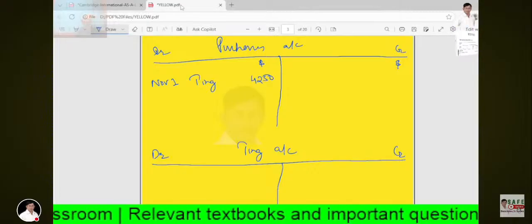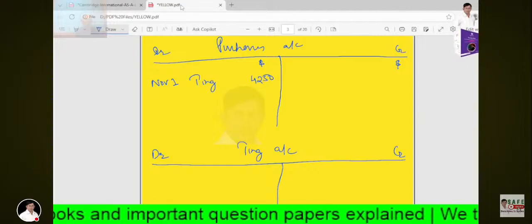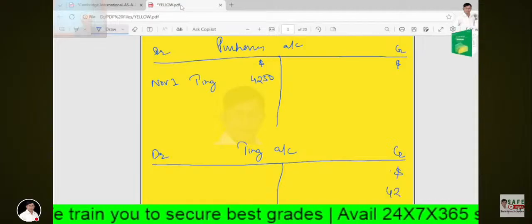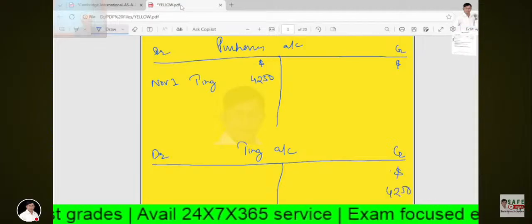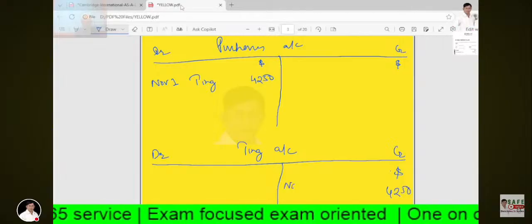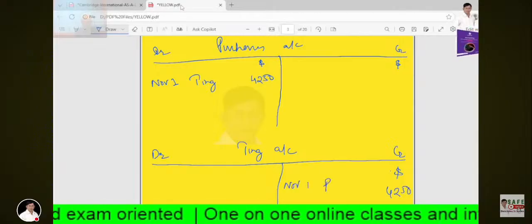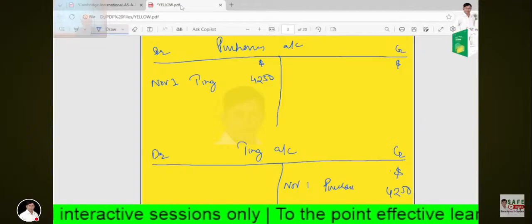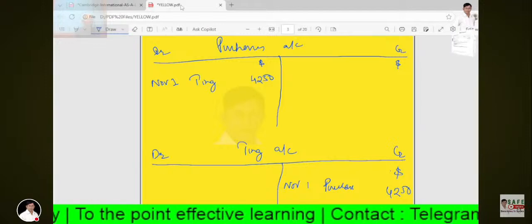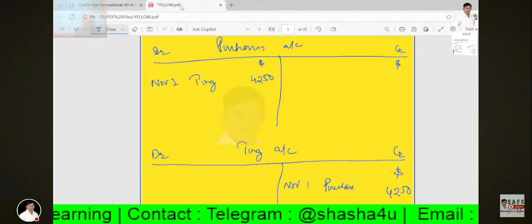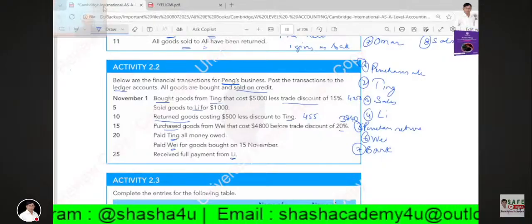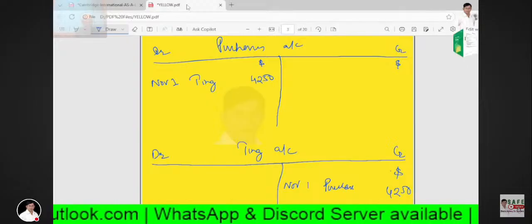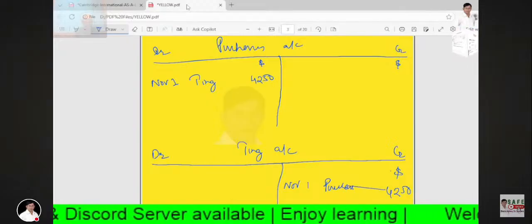Why? Because he is the giver. When you purchase, Ting gives, so his account will be credited, because we have purchased from him. Okay, so this is how we have to write. The entry is complete. Purchases account will be debited with Ting, and Ting account will be credited with purchases.